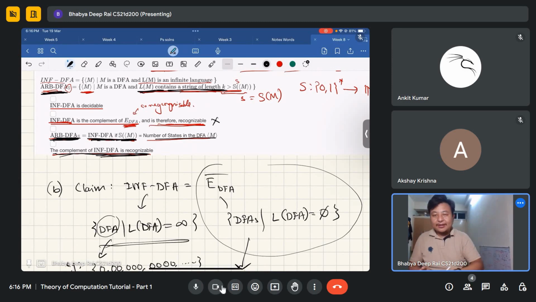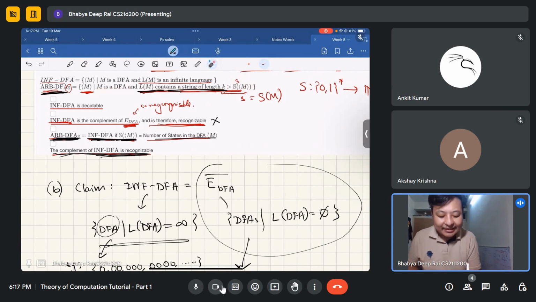In other words, an arbitrary DFA accepts an infinite language if it accepts a string longer than the number of states in the DFA. This is the definition of RDFA.